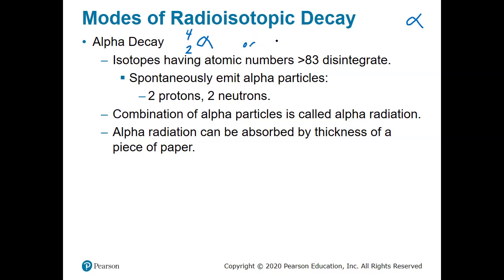We can show it this way, or we can show it based on its isotopic form, a substance that has a mass number of 4 and an atomic number of 2, it's helium. The only difference between this helium and the ones that we've talked about before is that this one has no electrons. This is ionized.